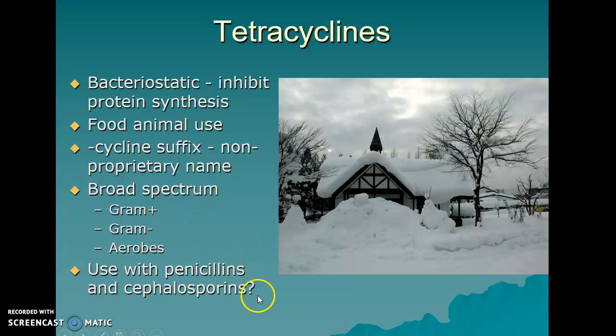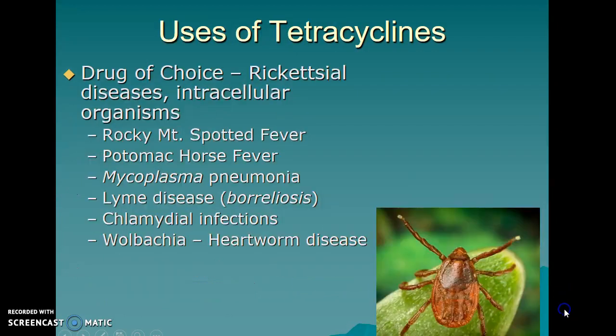If we did that, though, we're going to suppress the growth with the tetracyclines, and that's going to interfere with the action of penicillins and cephalosporins, which is to interfere with the construction of the cell wall. So the bacteria have to be rapidly dividing in order for penicillin and cephalosporins to act. So we don't want to give them together with tetracyclines.